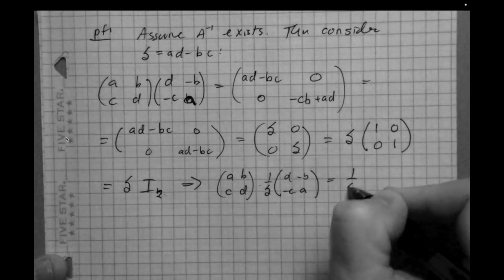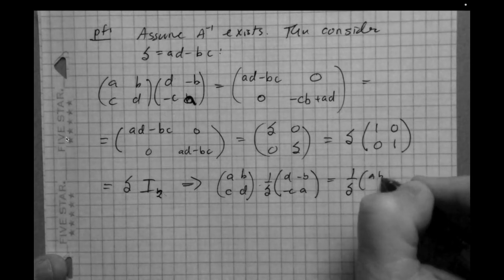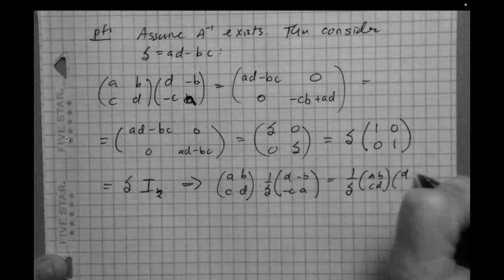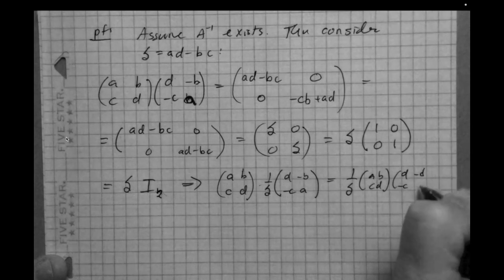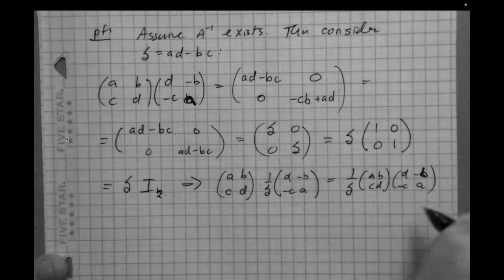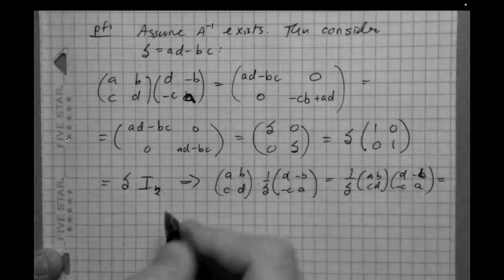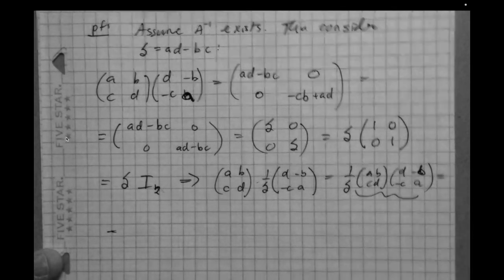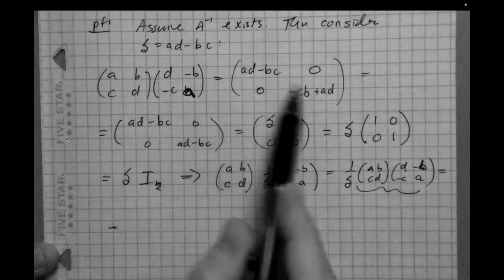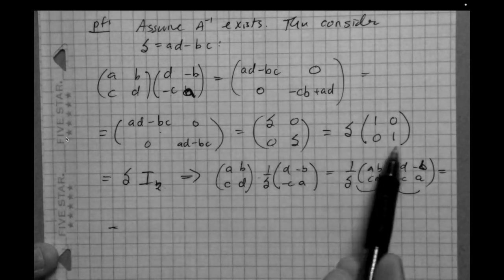Right, and the reason is because, when I go through this exercise, maybe you'd want to pull the delta out front. Negative b, negative c, a, right, when I do that. Well, this part here is what we just calculated, isn't it? We know that that's just this, and this, and that.